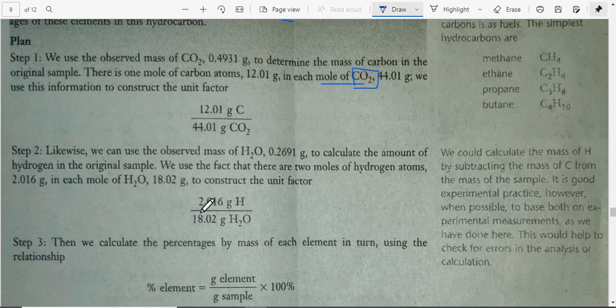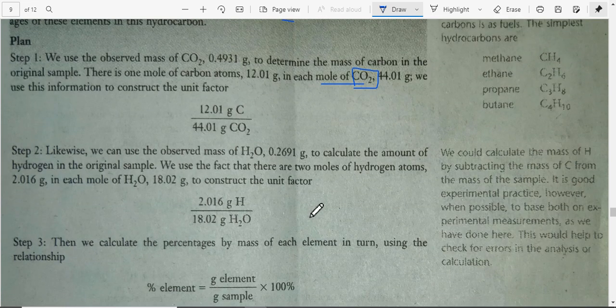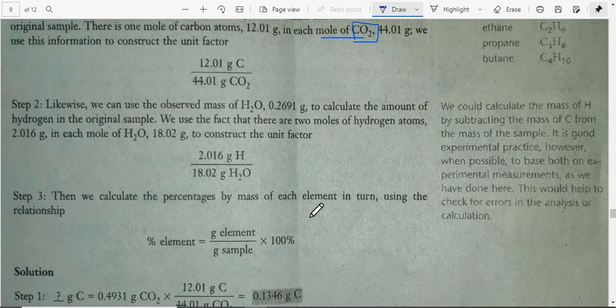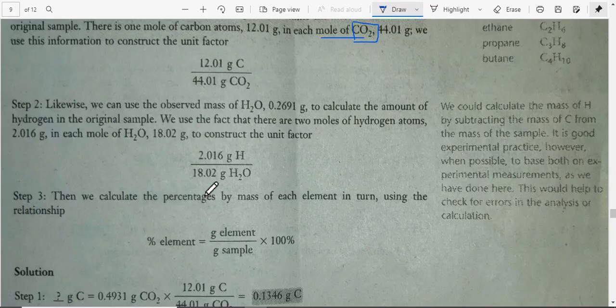The hydrogen is 1.008, times 2, which is 2.016. Then the molar mass of water, which is one oxygen and two hydrogen: oxygen is 16 plus 2.016, so you have 18.02.